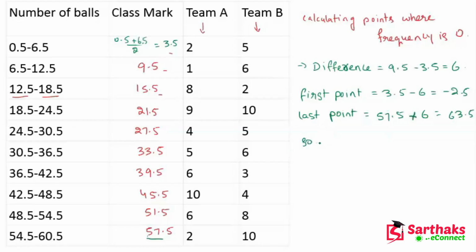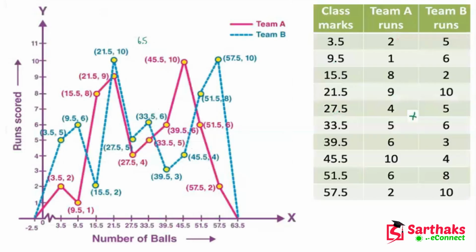So we plot the points. Since frequency is 0, the first point is minus 2.5 comma 0 and the last point is 63.5 comma 0.